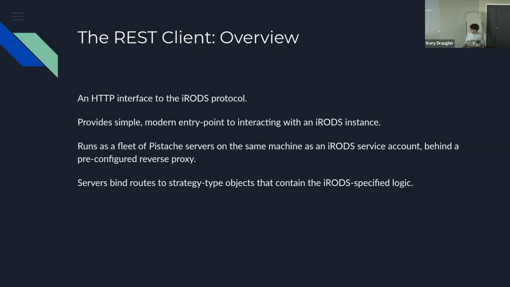This isn't strictly necessary, but in the repo with the source code, you also get a pre-configured reverse proxy for Nginx, so you can run them through one port, and you don't have to worry about all those different addresses you might have to set. Servers bind routes to a specific strategy-typed object that contains the iRODS logic in them. Originally, every function that you might want to use was its own separate server.